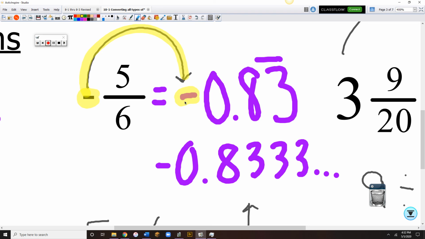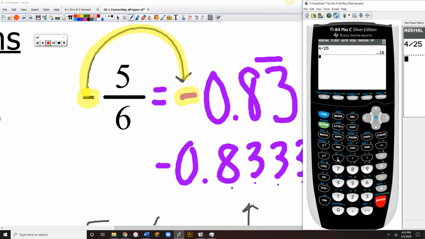And for the answers, I have expressed both with the repeater bar and with 3 copies of something and then the dots. But for the purposes of our assignment on Classkick, instead we're going to have 6 decimal places total. So 1, 2, 3, 4, 5, 6. And where did the 0.83 come from? It comes from dividing 5 divided by 6.